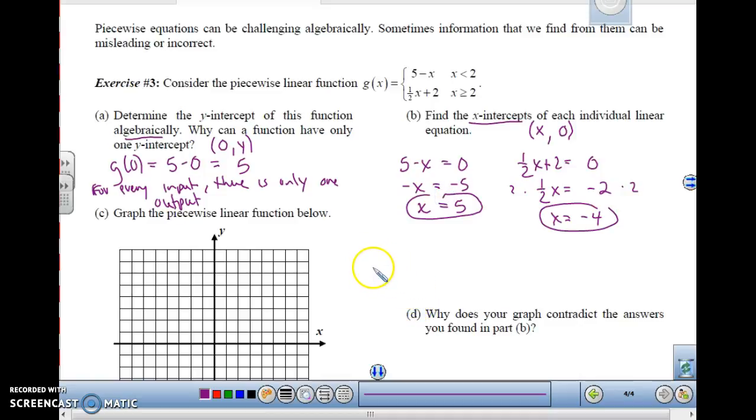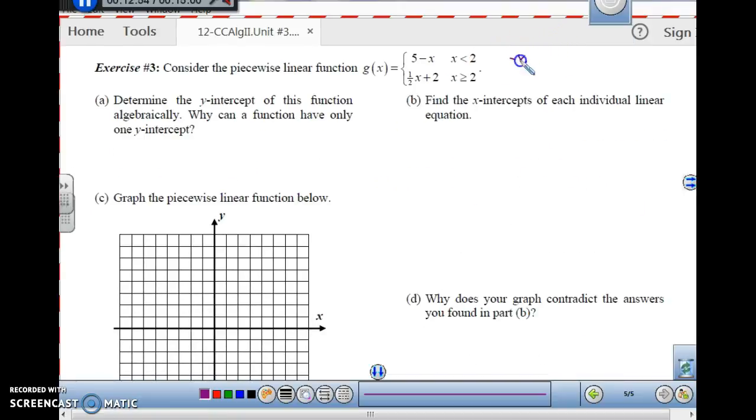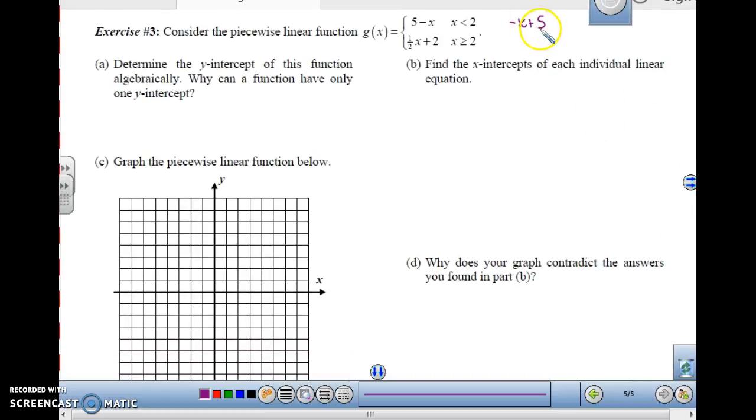All right, now let's go ahead and graph this function. Remember that 5 minus x is really negative x plus 5. So the y-intercept is going to be 5, and your slope is going to be negative 1. So 1, 2, 3, 4, 5. And then your slope is going to be negative 1. And this is only going to be for x is less than 2.